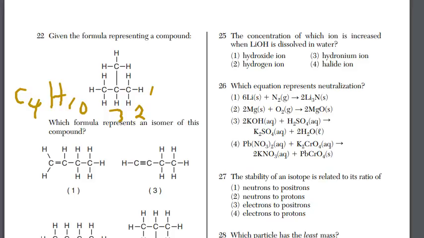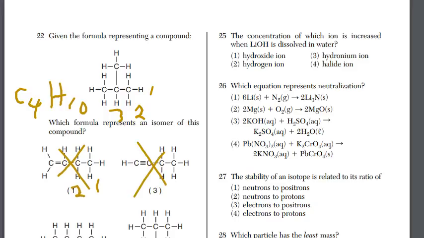And you could just take them in order. For choice 1, I know right away it's not the answer. It's got the 4 carbons, but take a look. It only has 1, 2, 3, 4, 5, 6, 7, 8 hydrogens. Can't be it. Choice number 3, which is right here, it's got the 4 carbons. It's got even fewer hydrogens. That can't be it.